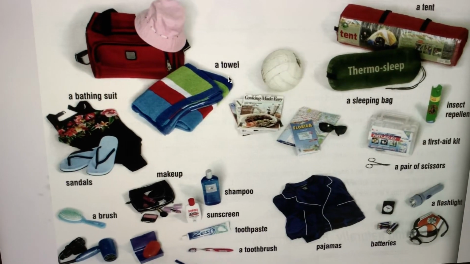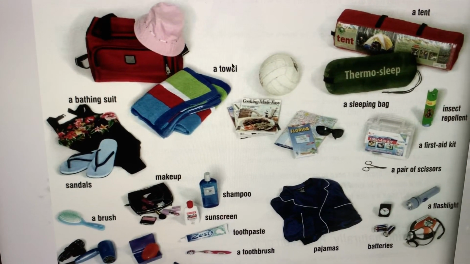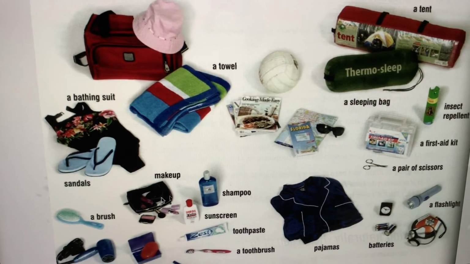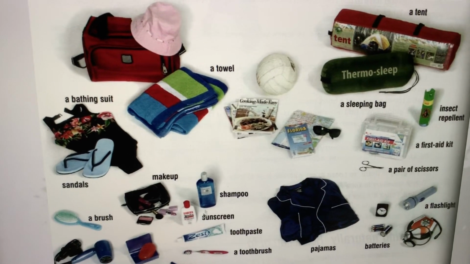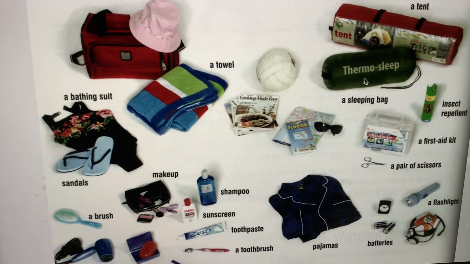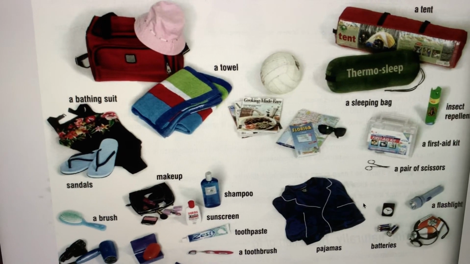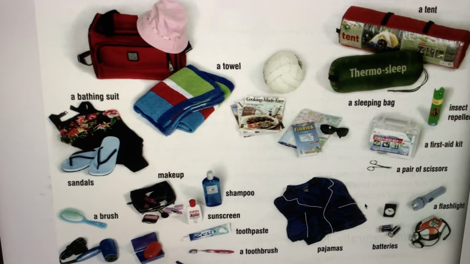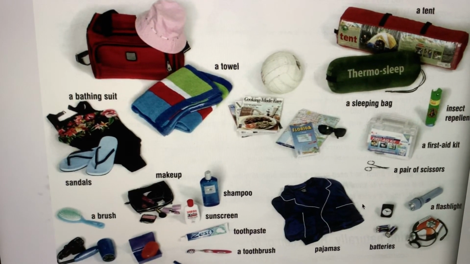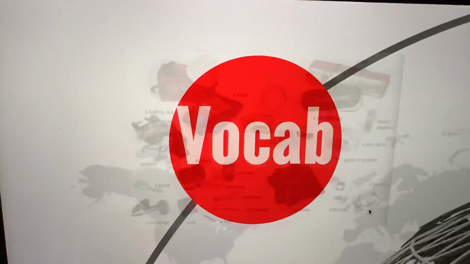Like for example, when you go to the beach, you would know what words you can use, like a towel, a bathing suit, sandals or slippers, brush, makeup, shampoo, sunscreen, sleeping bag, a tent, and so on. So it's very easy. Nothing new, I think you are all familiar with this vocabulary.